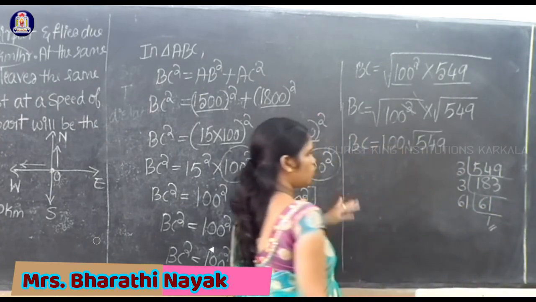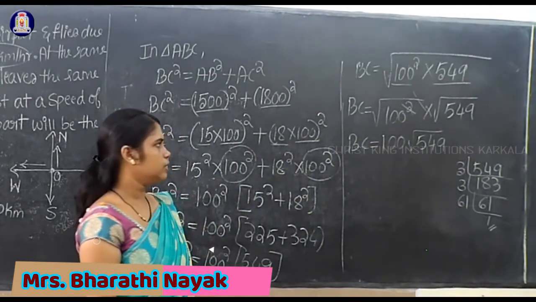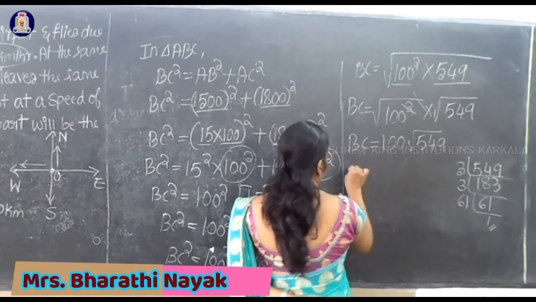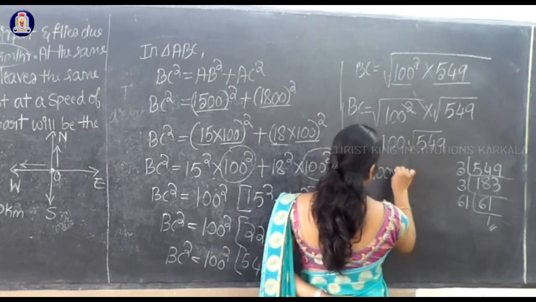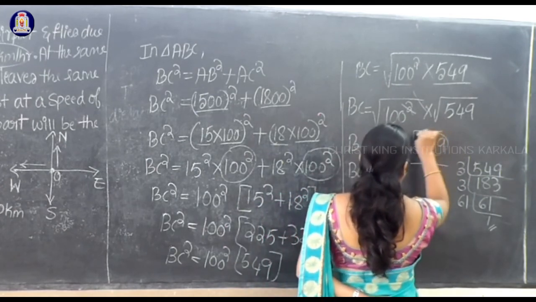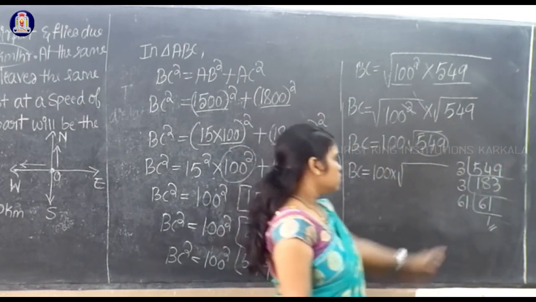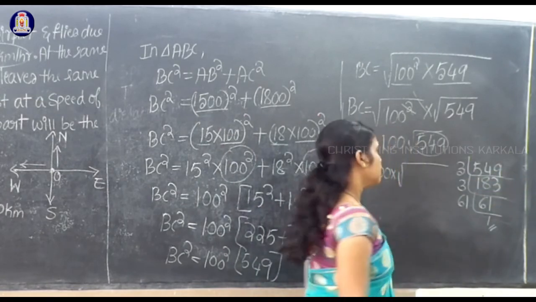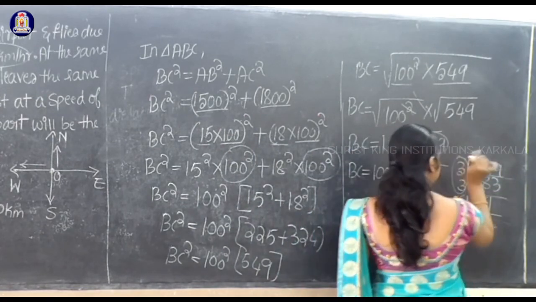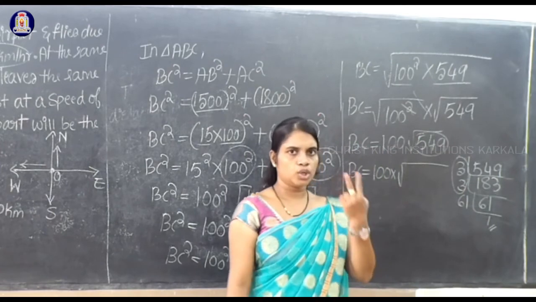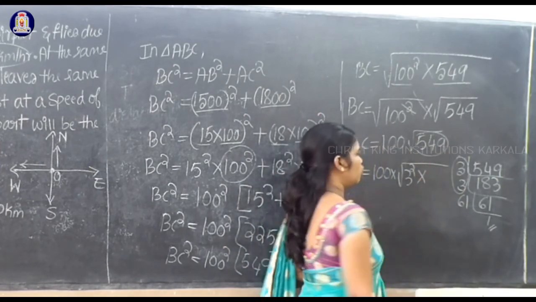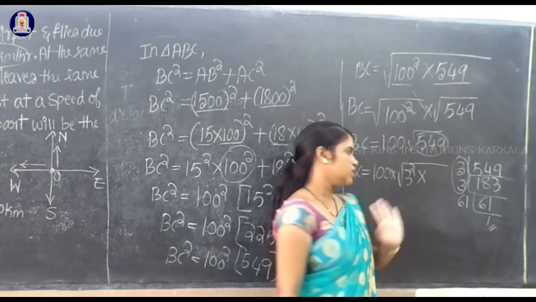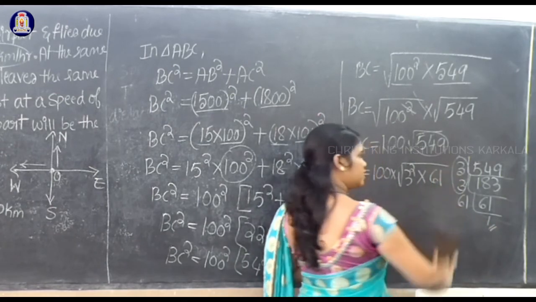So 61 1s are 61, isn't it? So therefore BC equal to 100 into square root of 549. Okay. So 549, can I split it? Here 3 repeats 2 times. So therefore I will write 3 square into 61, which repeats only once. So I will write 61 as it is.